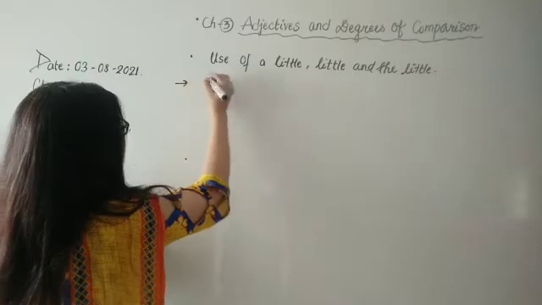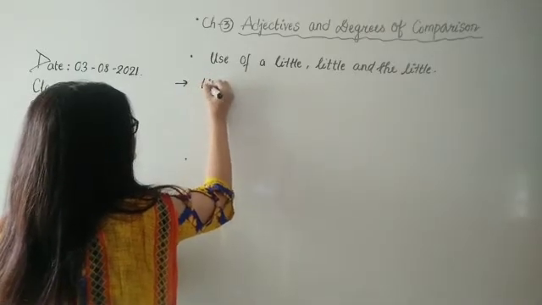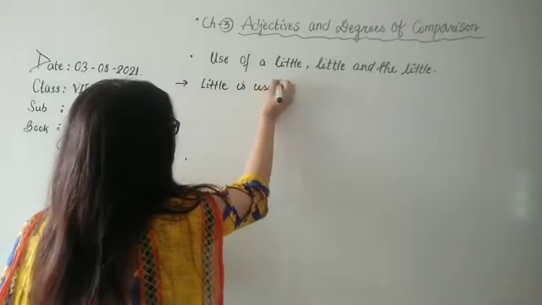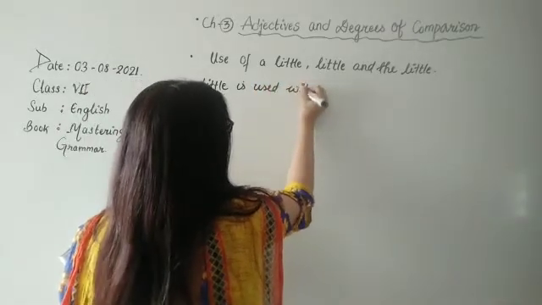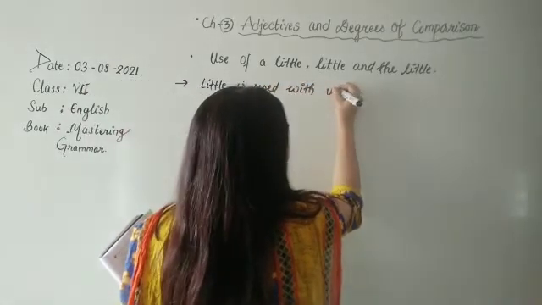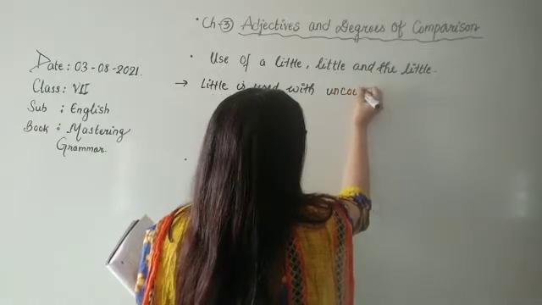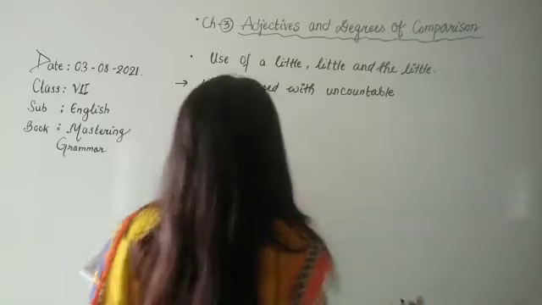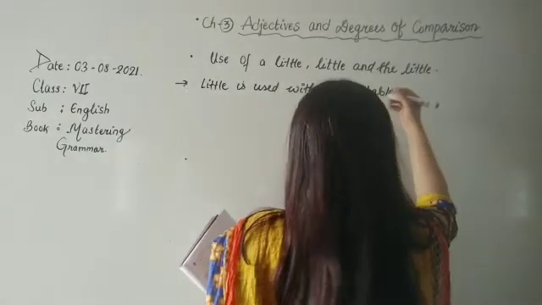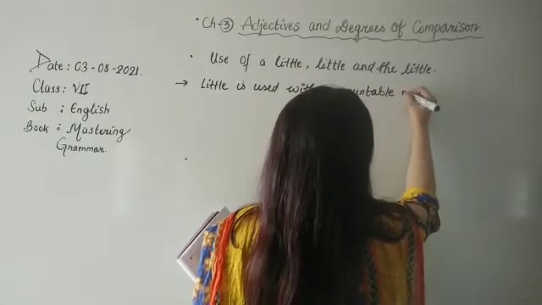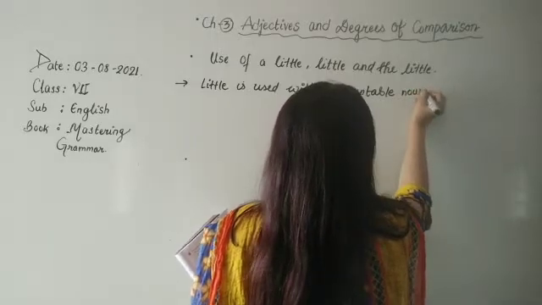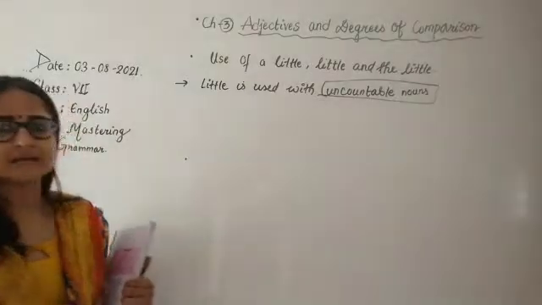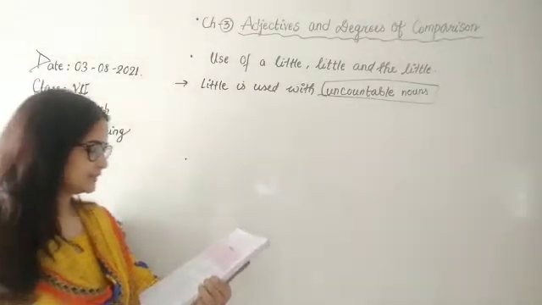So the first fact is little is used with uncountable nouns. I hope you no longer have any doubt about this. You remember this, okay, children? That it will be used with uncountable nouns.